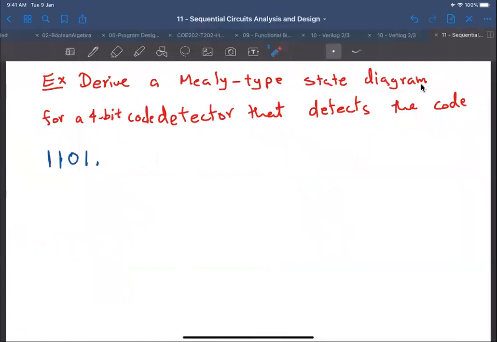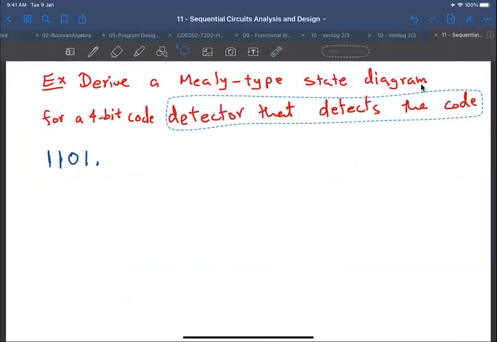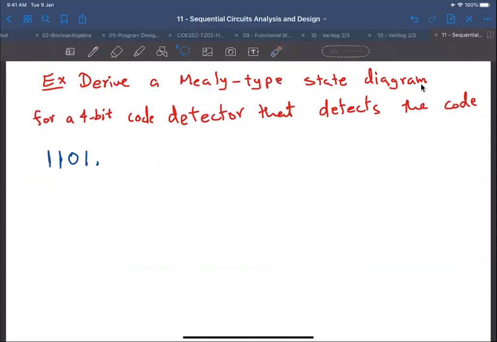Now, we are going to talk about what we call code detection, okay? Code detectors. Let me just make sure that these are read as 2 words here. Okay, so code detection and sequence detection are different circuits.